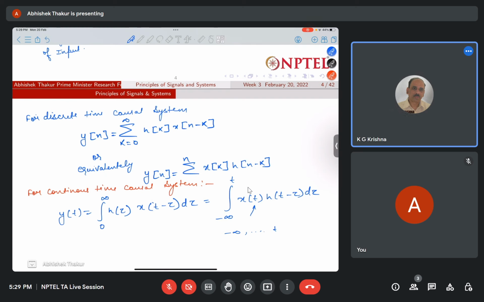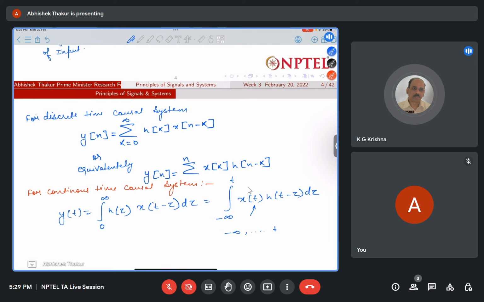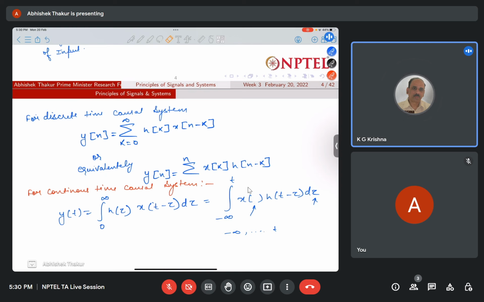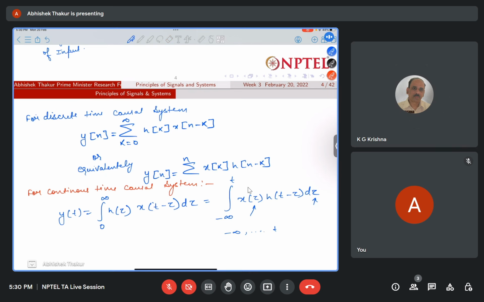Oh, sorry, it will be x of tau, because the integration is with respect to tau. So this x of tau will be from minus infinity, with the tau value going up to t.